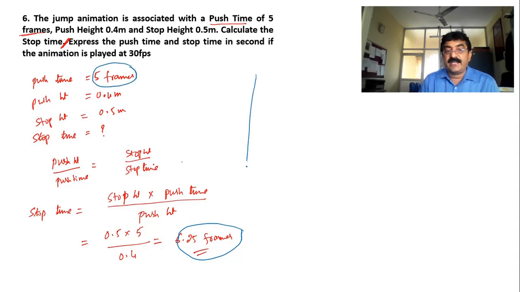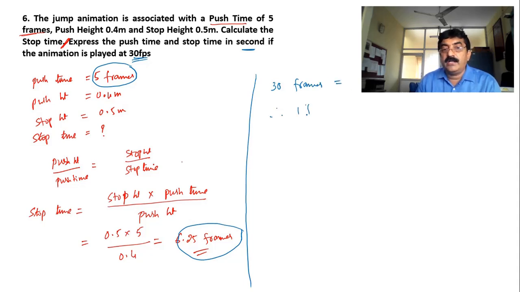Now let us see the second part of this question. Express push time and stop time in seconds if the animation is played at 30 fps. We have to convert frames to seconds. That means number of frames in 1 second is 30. So 30 frames is equivalent to 1 second.